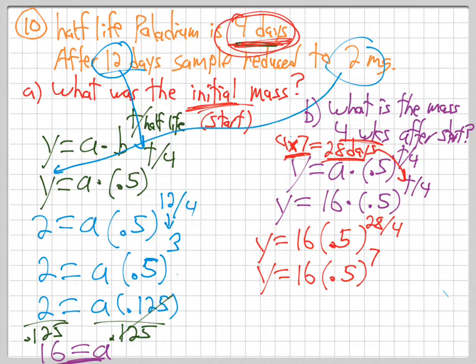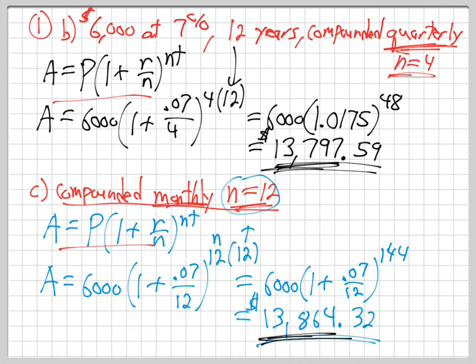Hit the buttons on your calculator, and it'll come out 0.125. 0.125 is the answer on that one. So there we go. We found the amount after 4 weeks. Okay, back to number 11 now.